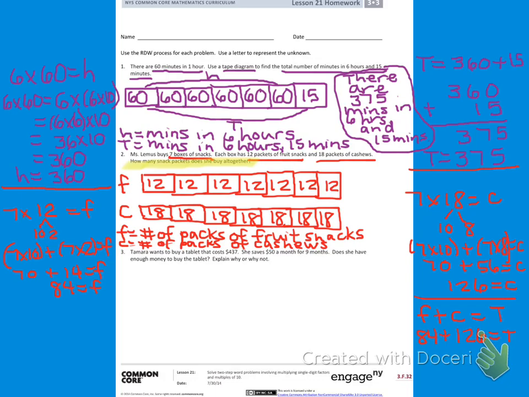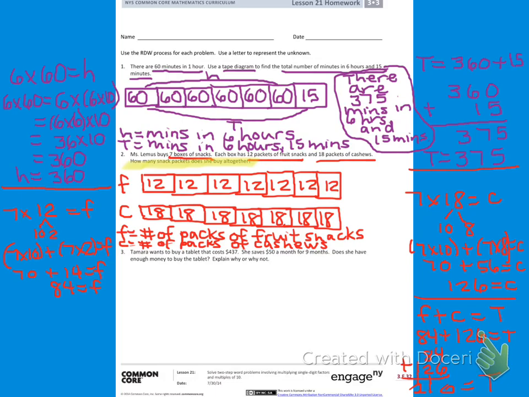I'll go ahead and write it vertically. 84 plus 126. 4 plus 6 is 10. 8 plus 2 is 10, plus 1 more is 11. 1 plus 1 is 2. Kind of running out of room here. So T equals 210.